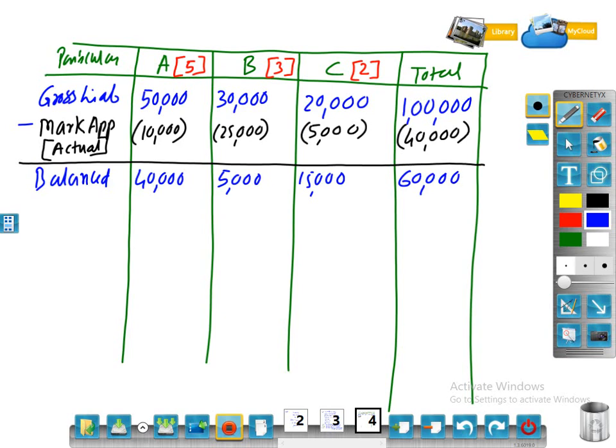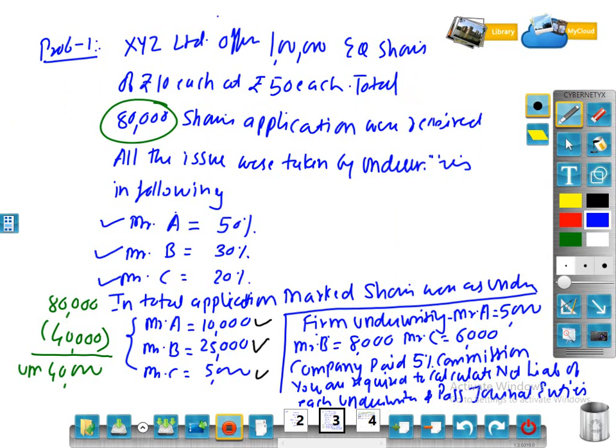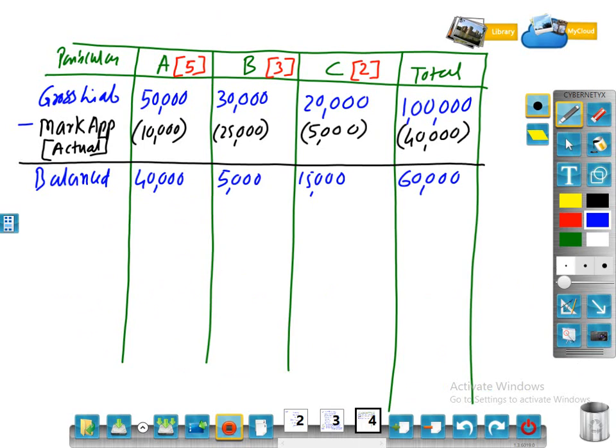Next, you have to deduct the unmarked application. The unmarked application we have calculated, that is 40,000. The benefit of the unmarked application, the company is going to give to whom? To the partners, to the underwriters. So we have to divide that 40,000.